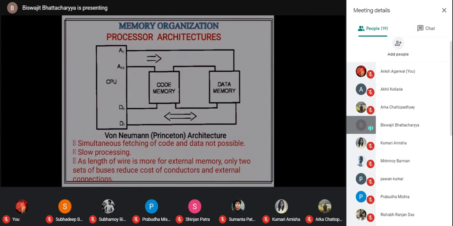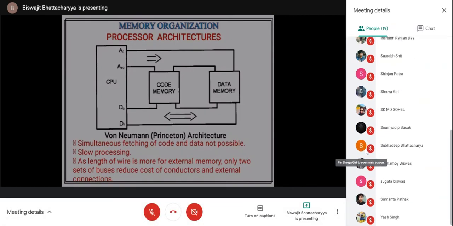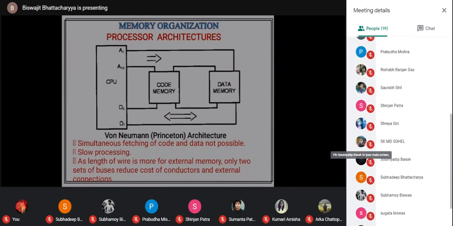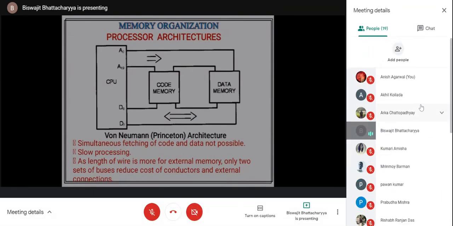In one single board, the processor IC is mounted as well as the external memories. Now all these external memories will be connected to the processor through one address bus and also through one common data bus. So the address bus is common and the data bus is common. So there are two sets of buses required.